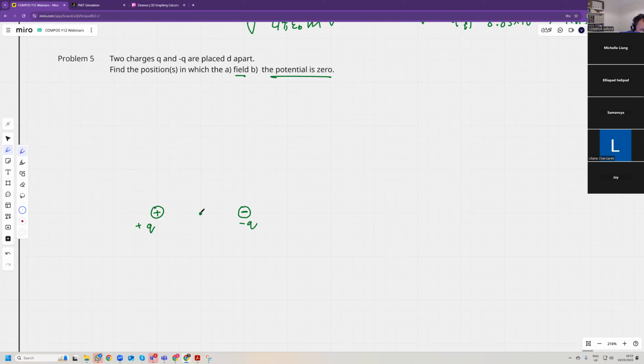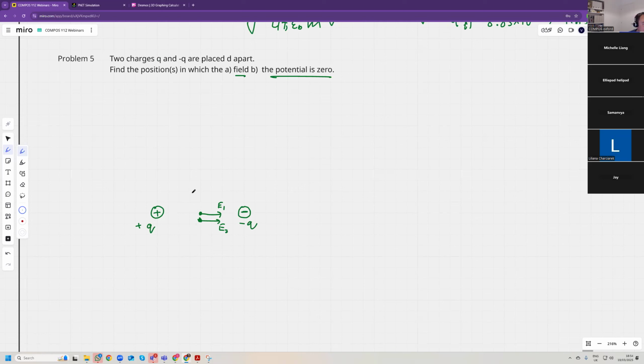Yes, the field is 0 at infinity, because at any point the fields would add up. So for example, at the midpoint, the electric field due to the positive charge is like this, E1. And the electric field due to the negative charge is in the same direction, E2. We're talking about field, not the potential at the moment.